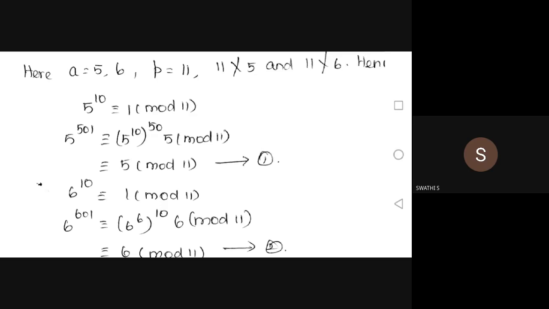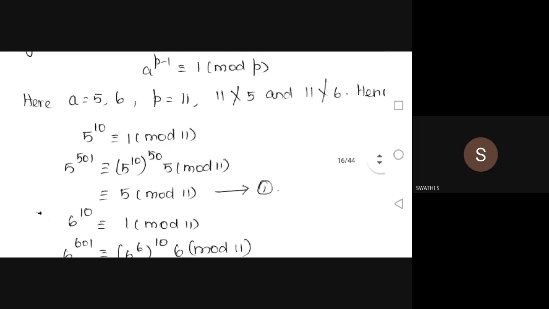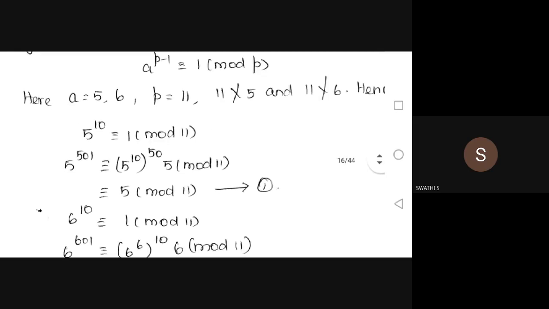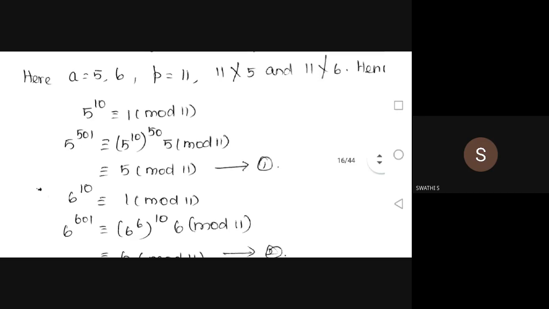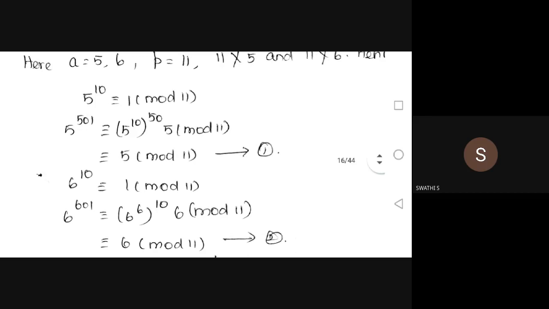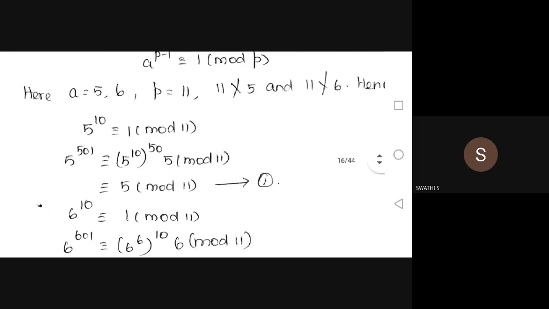601 can be written as 6 into 100 plus 1.